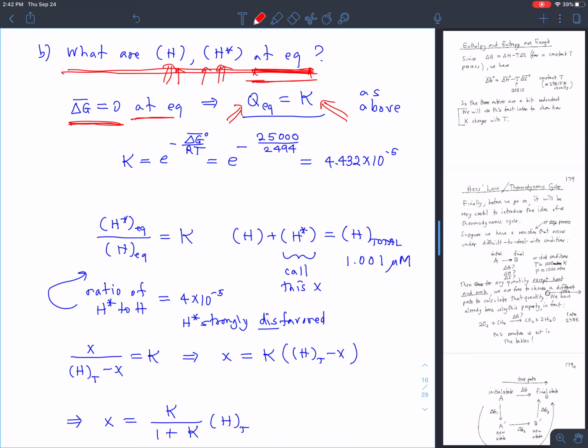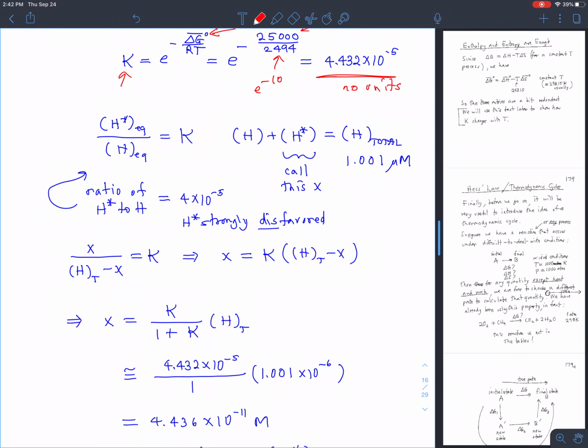We know the delta G0 value in this case is 25,000, so we can calculate the equilibrium constant. It's e to the minus 25,000 over 2,500. This is basically e to the minus 10, or very close to that. And that turns out to be 4.43 times 10 to the minus fifth, no units. Equilibrium constants are unitless.